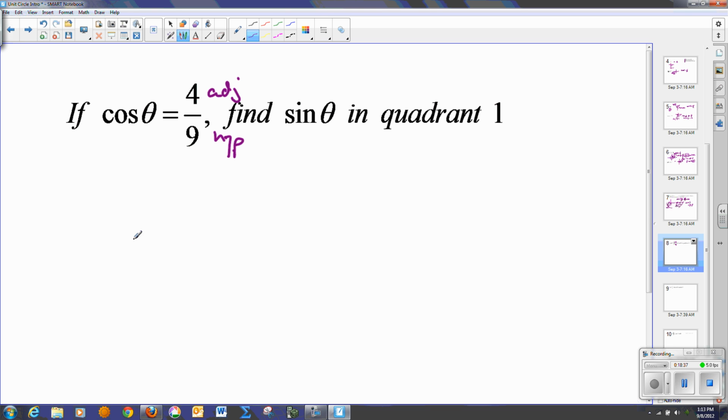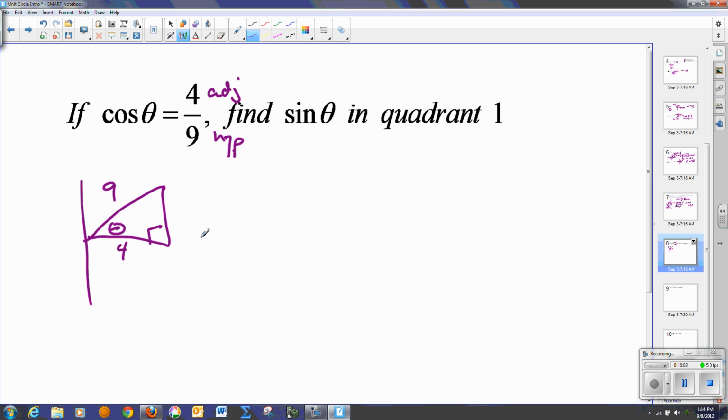So this ratio can be said to come from some triangle that's in the first quadrant that has a ratio of sides. This doesn't necessarily have to be 4 and 9, but I think of it that way. So I think my adjacent side is 4 and my hypotenuse is 9.